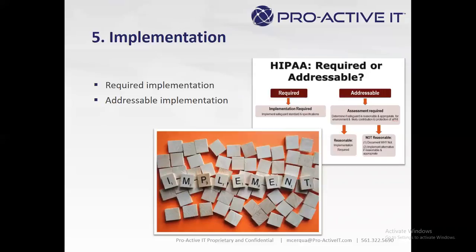Here's an example. All covered entities, including small providers, must determine if encryption is reasonable and appropriate for the environment. Now, it may or may not be for you, but make sure you have evidence and documentation to support that decision. Factors that determine what is reasonable and appropriate do include cost, size, infrastructure, resources.